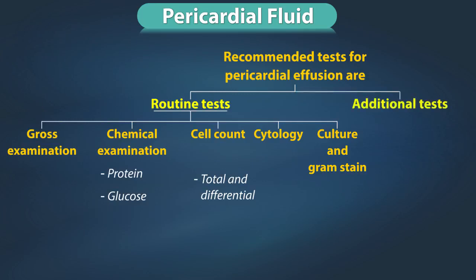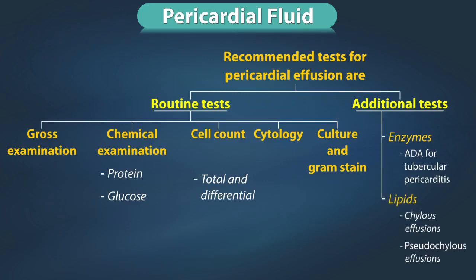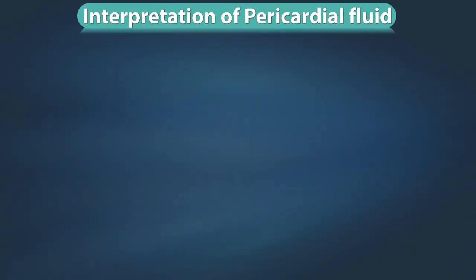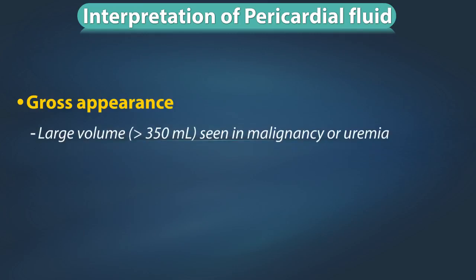The additional tests include enzymes like adenosine deaminase for tubercular pericarditis, lipid to differentiate chylous and pseudochylous effusions. Interpretation of pericardial fluid, gross appearance: large volume, which is more than 350 ml, is seen in malignancy or uremia.